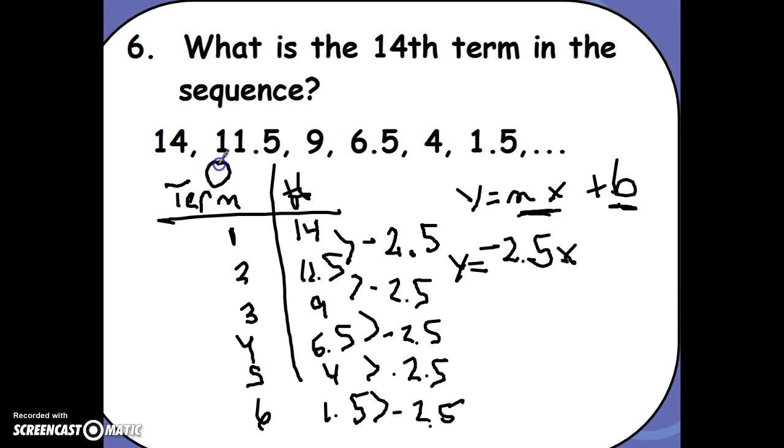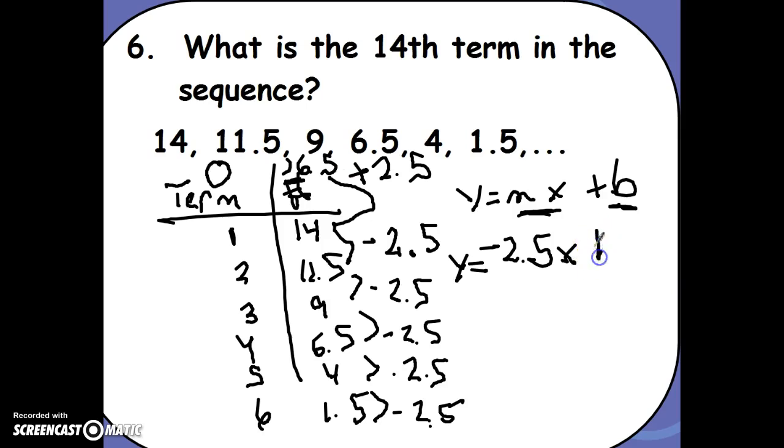So I'm going to go up at the top and go below the first term to a 0 term, which is where x is 0, and that's our y-intercept. We're looking for the y value where it crosses the y-axis. If we go backwards, we're going to be adding that 2.5 back, because going backwards we're increasing. So that's going to make us have 16.5.